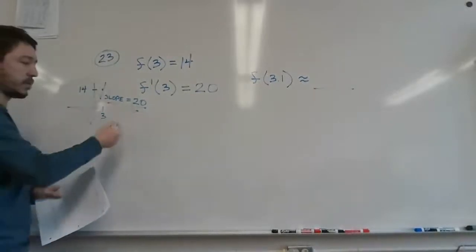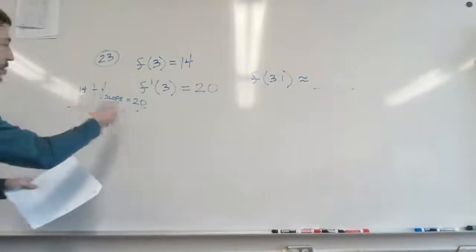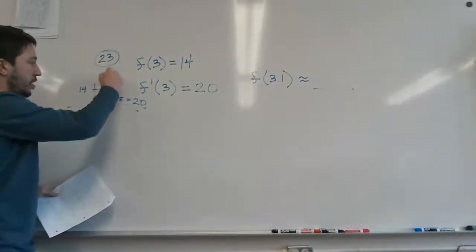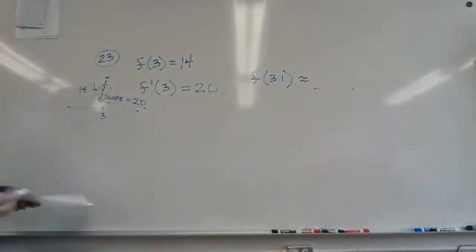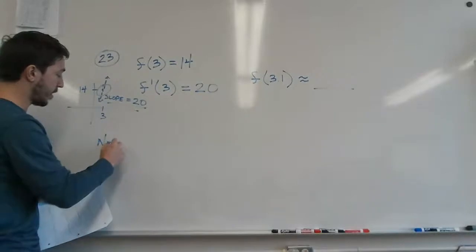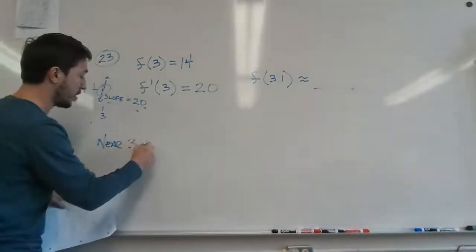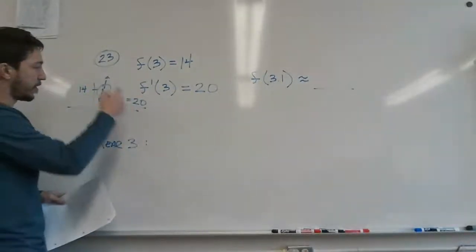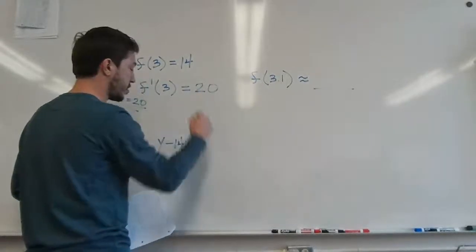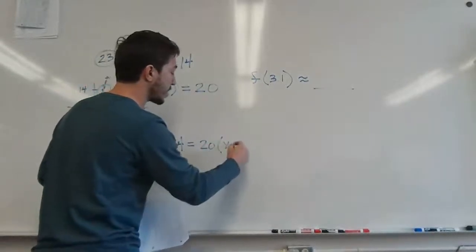So the slower, more methodical way is just to write the equation of this tangent line. Say, okay, I'm doing a tangent line approximation. So I'm going to say, all right, in the neighborhood near 3, I can approximate my function as y minus 14 equals the slope times x minus 3.